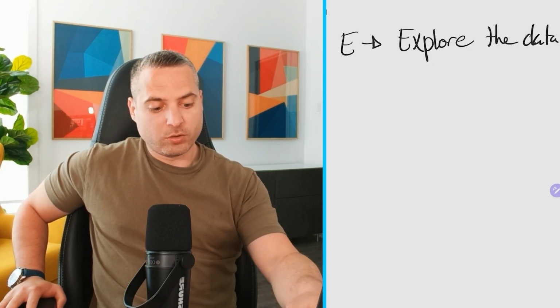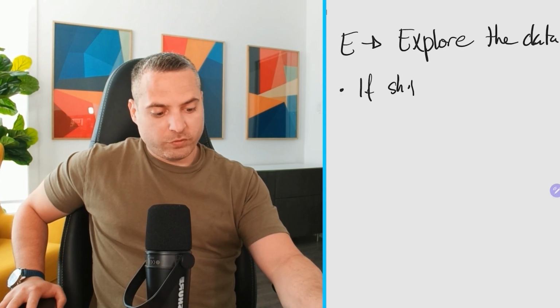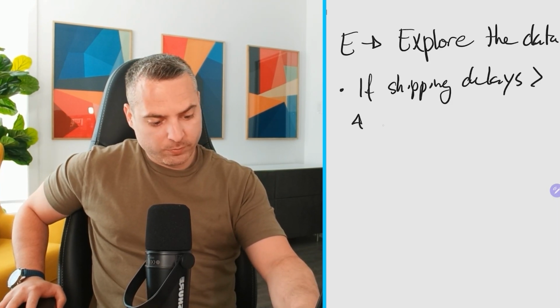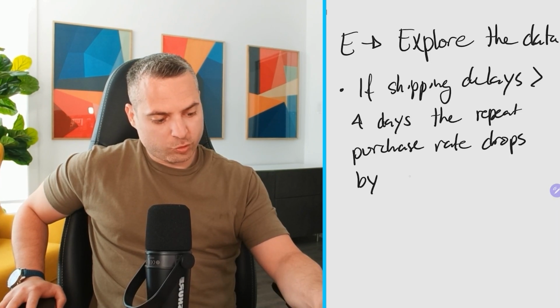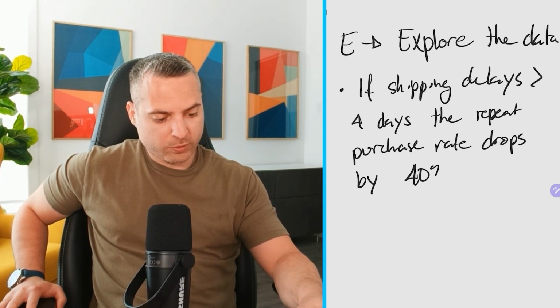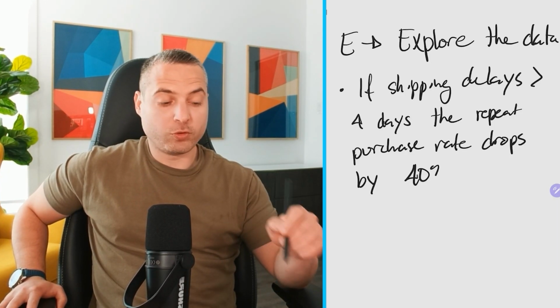So let's say you went in your data and after data analysis, you realize that if shipping delays are over 4 days, the repeat purchase rate drops by 40%, which is massive. So this is a big opportunity, right?